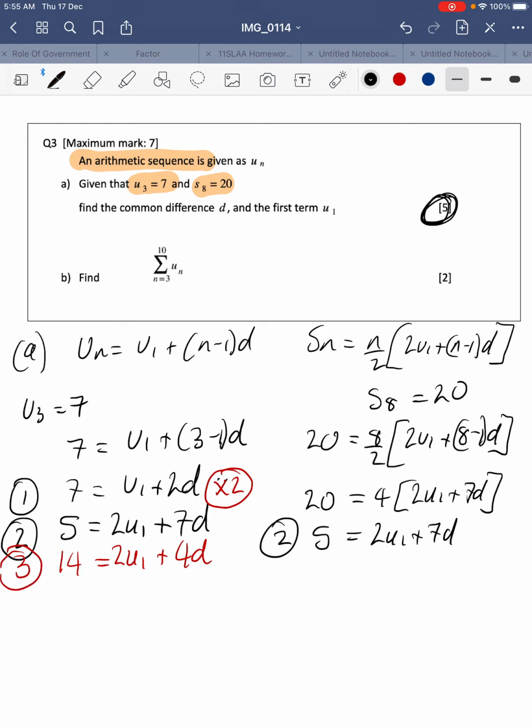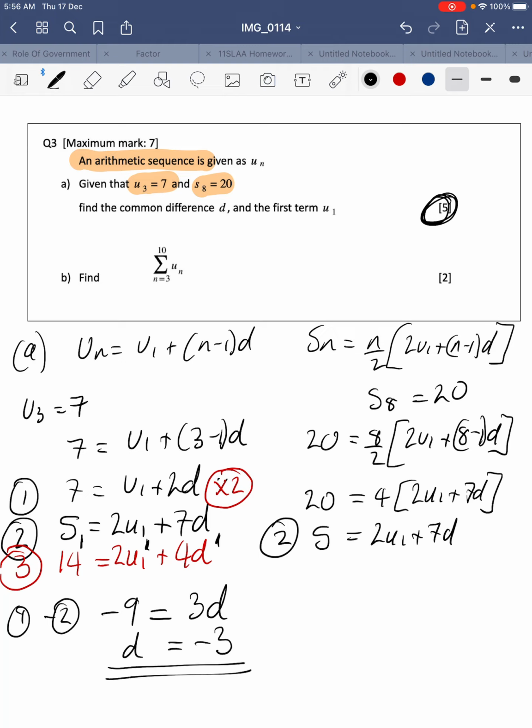Now you can see that I've got the number of u's lined up, so I am going to do a subtraction. Equation 2 subtract 3: subtract the left hand side, so we've got negative 9, subtract the right hand side, the u's disappear, that becomes 3d, so we've got d equals negative 3.